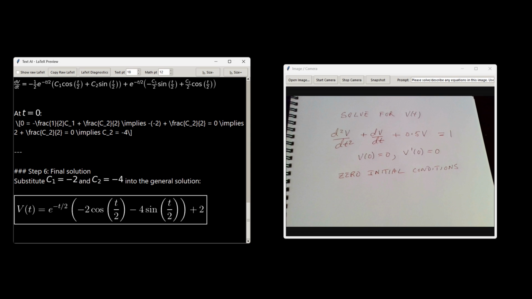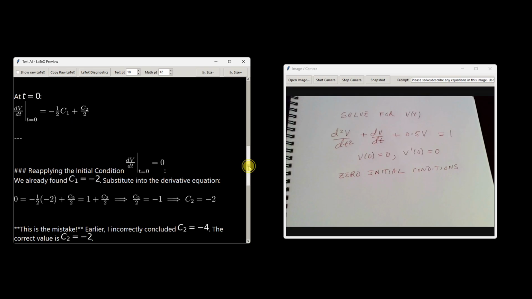Can you check the solution? I think there's a mistake. You're right to double check.